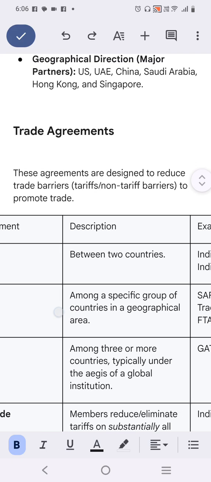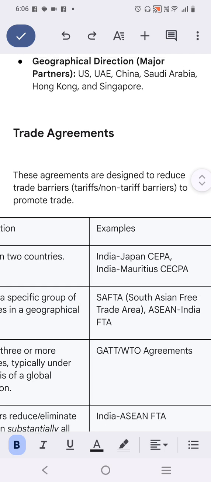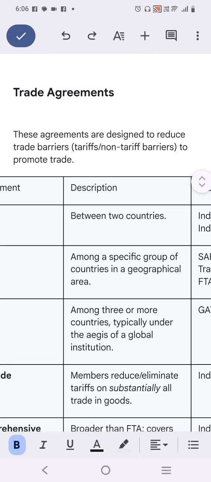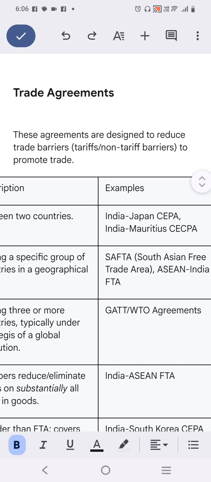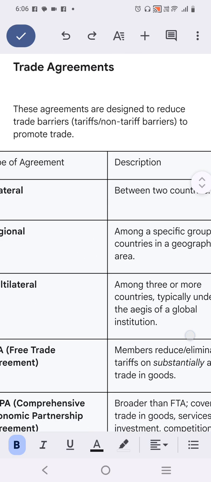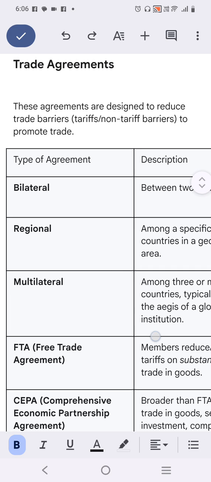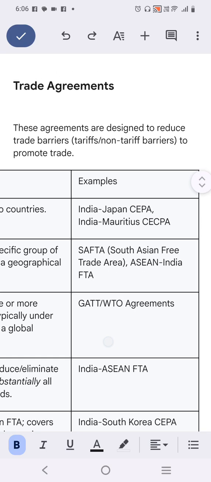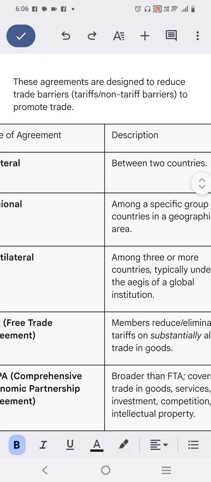Bilateral means between two countries: India-Japan CEPA, India-Mauritius CECPA. Then comes regional, among a specific group of countries in a geographical area: SAFTA and the ASEAN-India FTA. Next comes multilateral, among three or more countries, typically under the aegis of a global institution: GATT, WTO agreements.